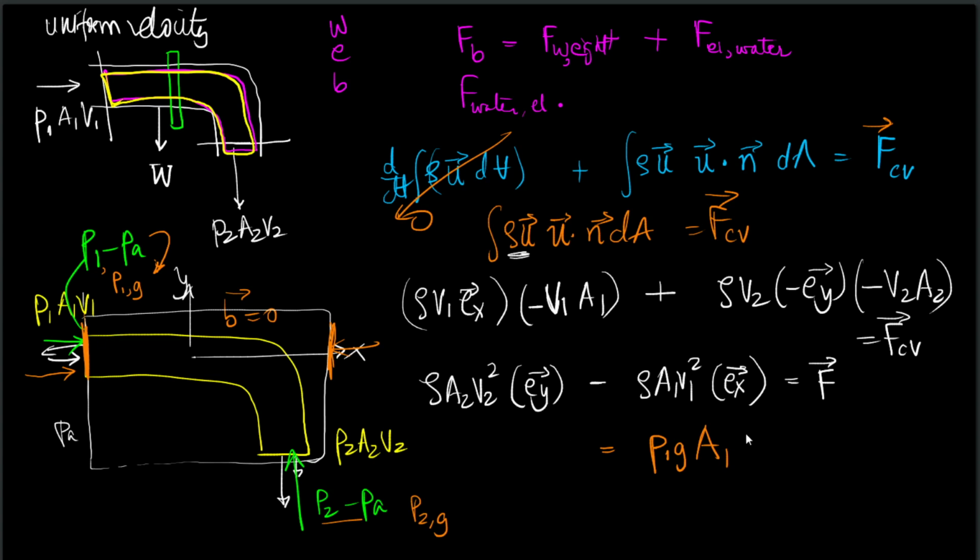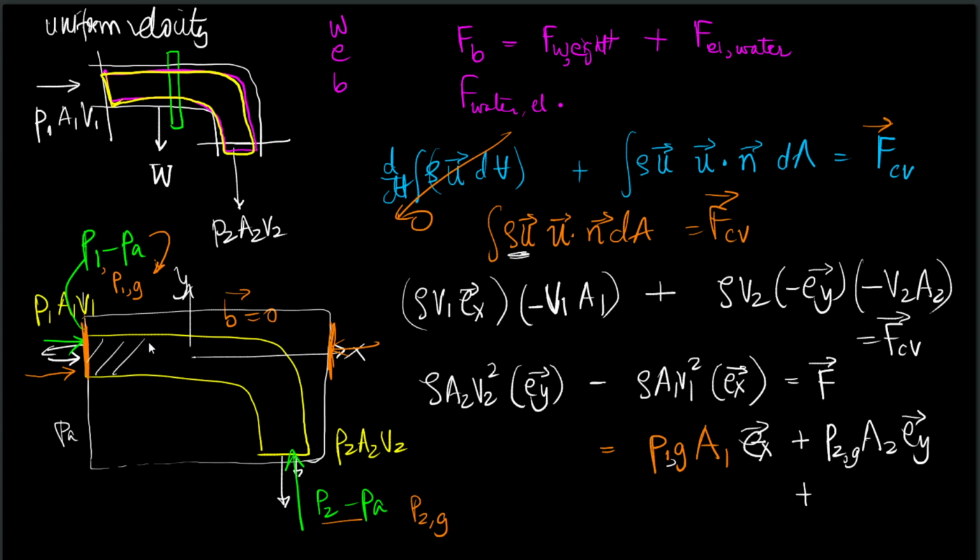So the force in the x direction is P1 gauge times the area, in the ex direction, plus P2 gauge times A2 in the y direction, plus now what else will the control volume have?